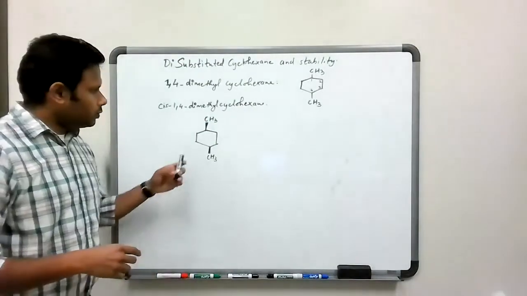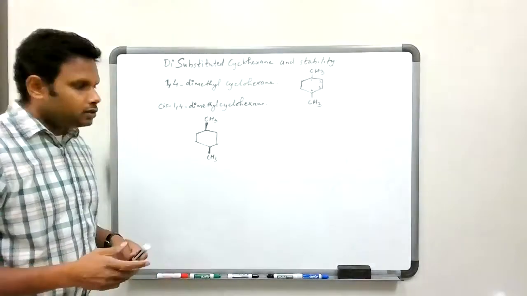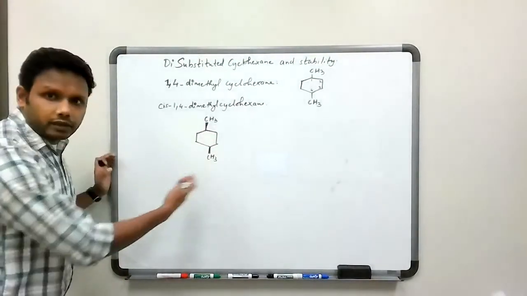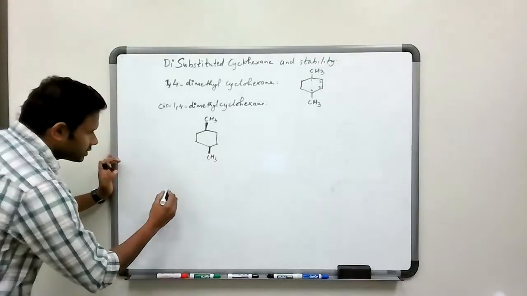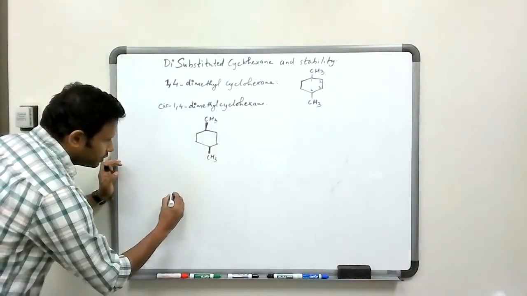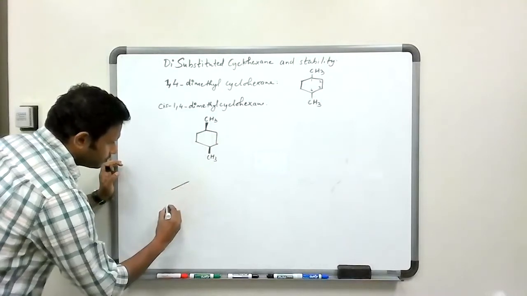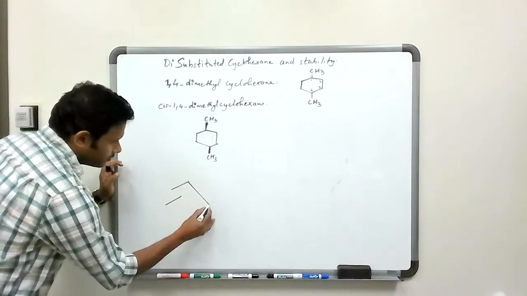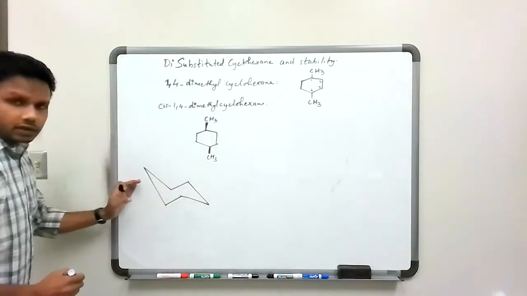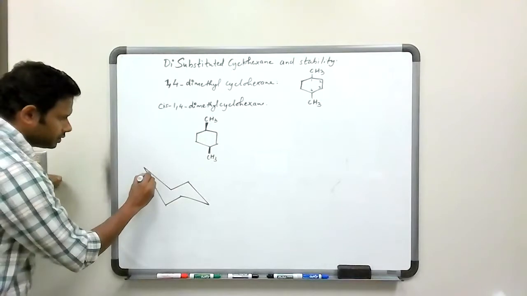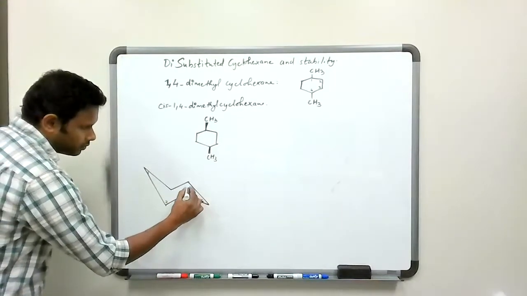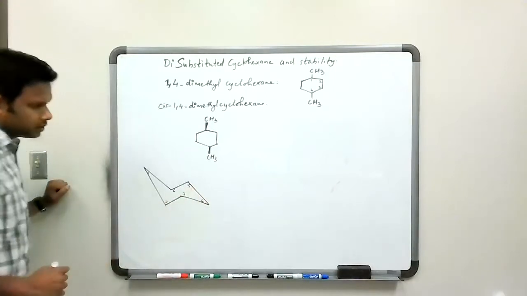Okay. Now, how does this translate to a chair? Because the cyclohexane exists as a chair, when we draw this molecule in a chair conformation, okay, that's my cyclohexane carbons: 1, 2, 3, 4, 5, and 6.